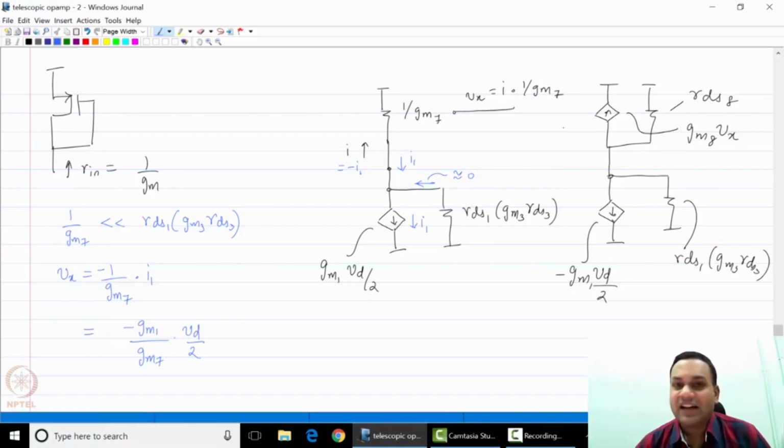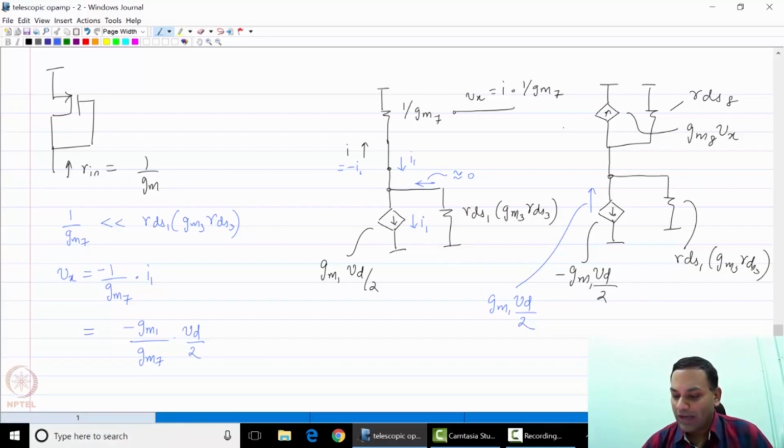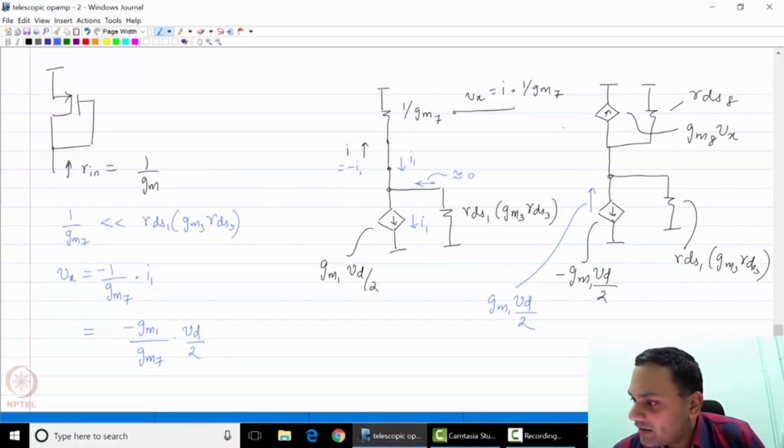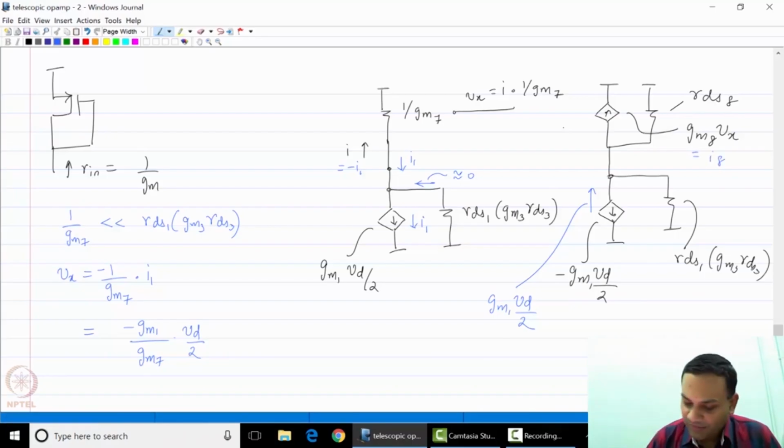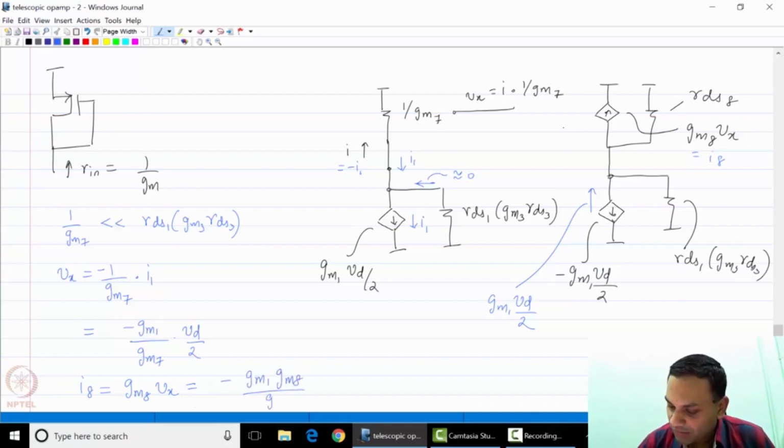Now the current through M2 is simply gm1 Vd by 2 flowing upwards. Vx also generates a current through M8, let us call that I8. I8 is nothing but gm8 times Vx, which is minus gm1 gm8 by gm7 times Vd by 2.